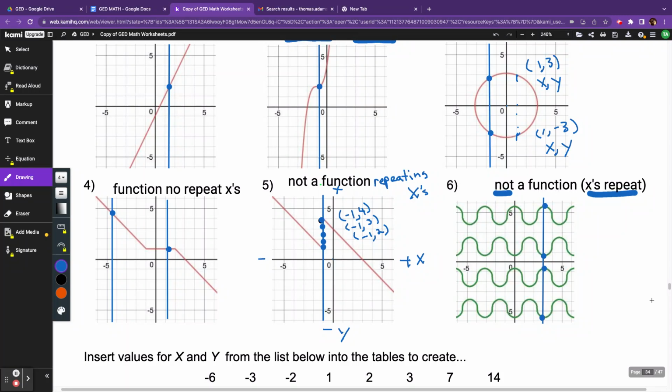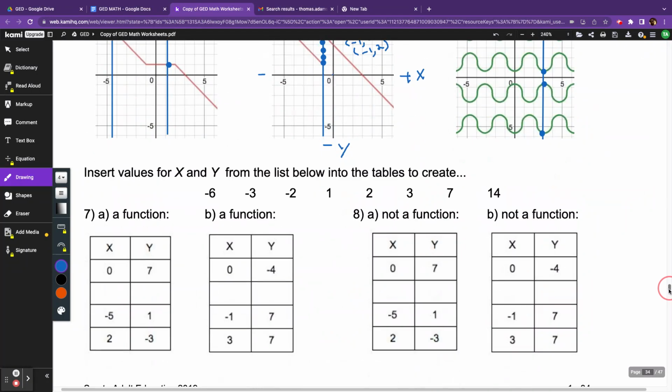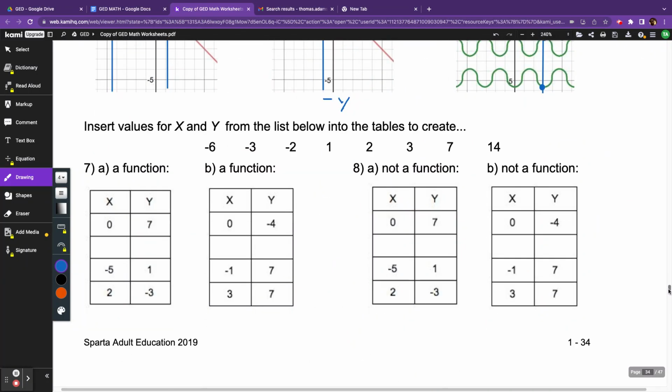Now the next part is the table of values. If we look at the table of values, if it is a function, that means the x's cannot repeat. When you fill this out, you're supposed to pick a number here to make this up.